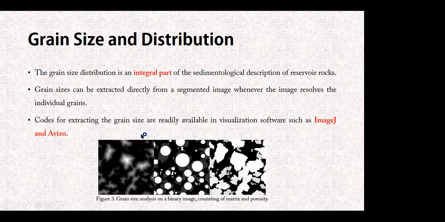So we can see in figure 3, grain size analysis on a binary image consisting of matrix and porosity. The figure on the left shows the distance to the nearest porosity voxel. The center image shows maximal balls inside the matrix, and the right figure shows the results of applying a weighted watershed algorithm starting in the ball centers.